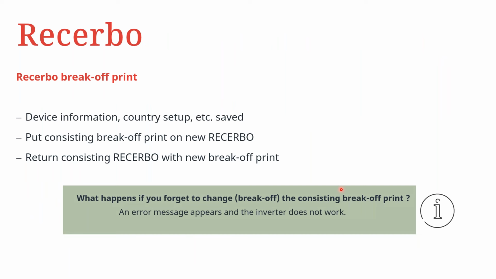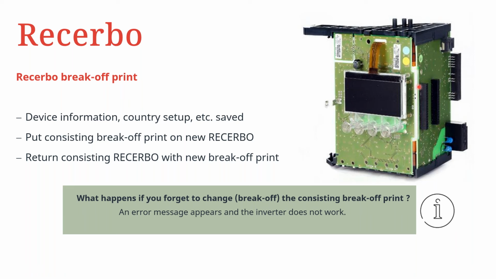So what happens during a Reservo exchange? Now, for those who don't know, the Reservo is like the brain of the system. The Reservo contains connection terminals for the data manager, as you can see being shown by my highlighter.